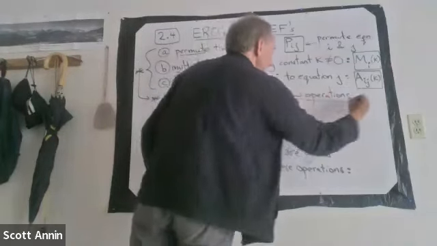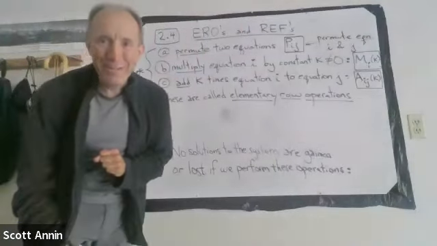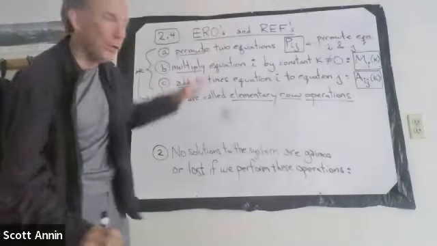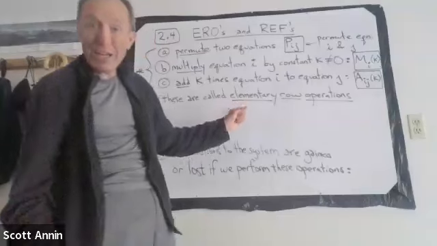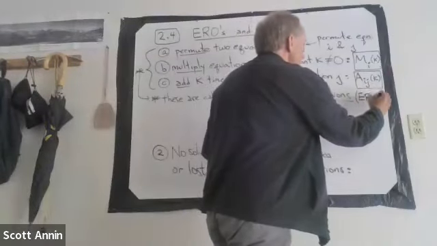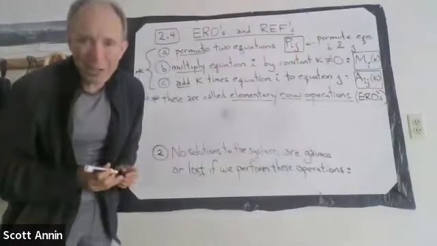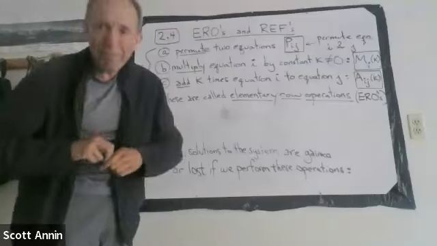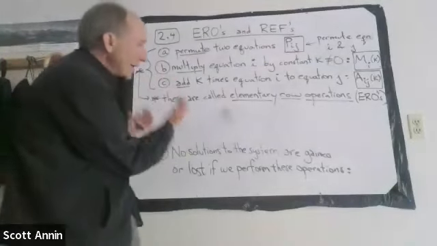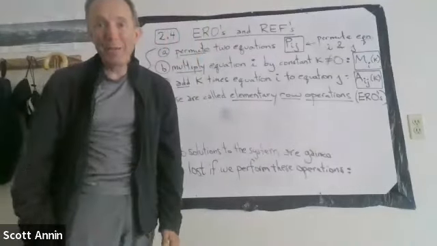Anybody seeing that this is a key concept in this video, because the title of the video has the letters ERO, which is the abbreviation for elementary row operations. EROs, elementary row operations. These are safe operations on a linear system that we do not gain or lose any solutions to our system when we apply them.